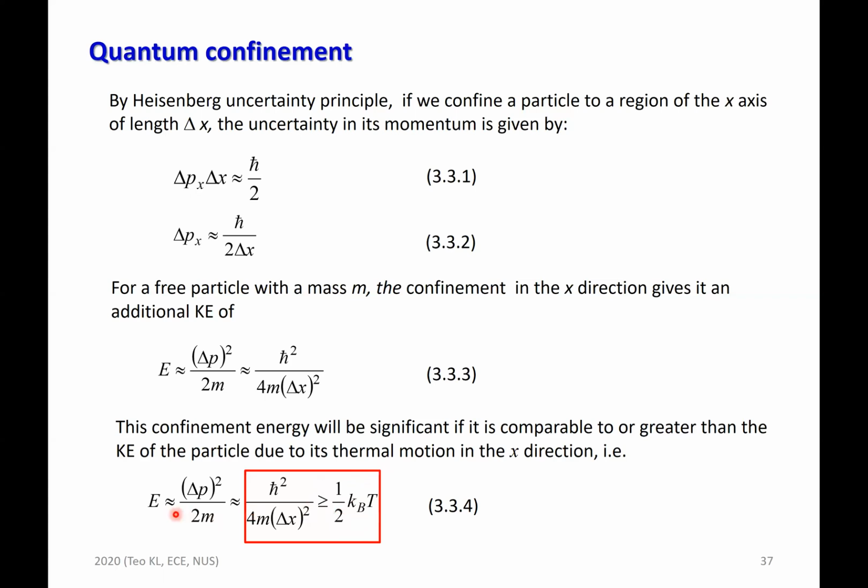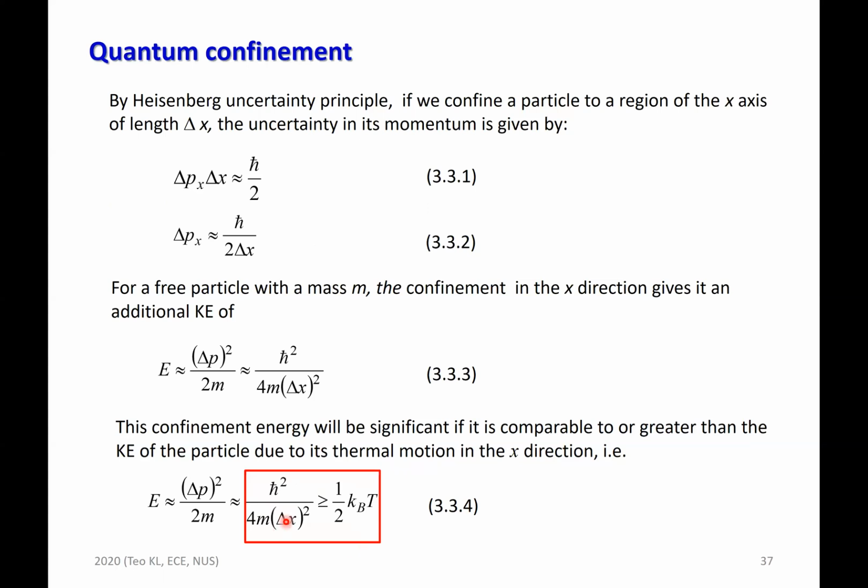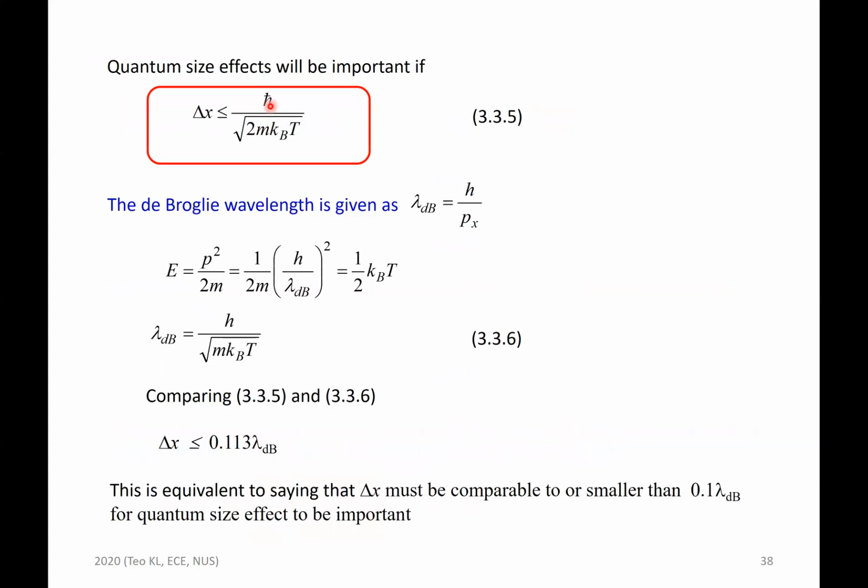So if this kinetic energy of the particle, this expression, is greater than or equal to half kT, then the confinement energy is significant, which means that the confinement energy becomes important, and the quantum size effect will be important. You can manipulate this equation and express it in terms of delta x, and it will be of this form.